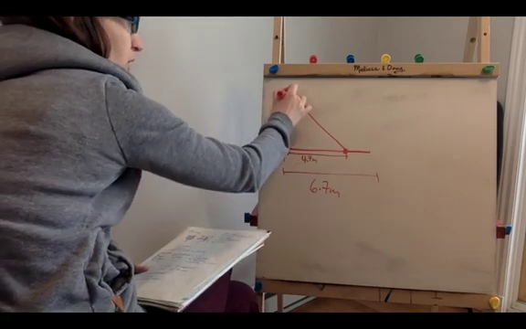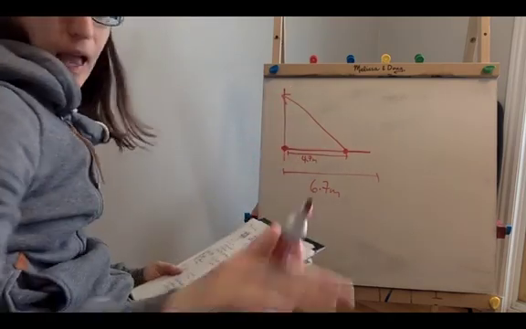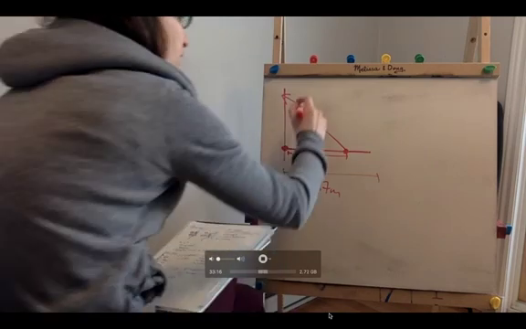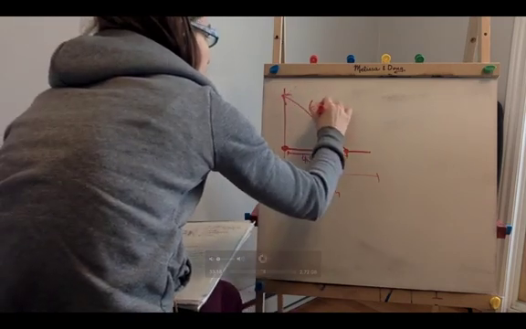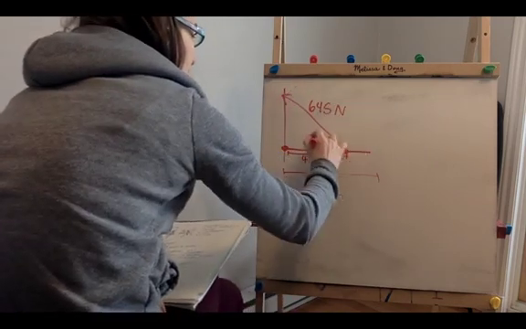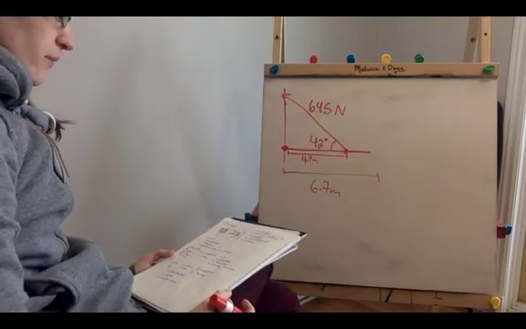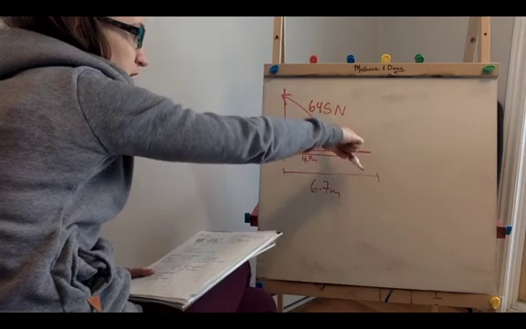So it's one end of the wall and the other end of the wall. The question tells us the cable's exerting a force of 645 newtons at an angle of 42 degrees. So we've got 645 newtons being exerted by the cable at an angle of 42 degrees. Again, our force is this way.